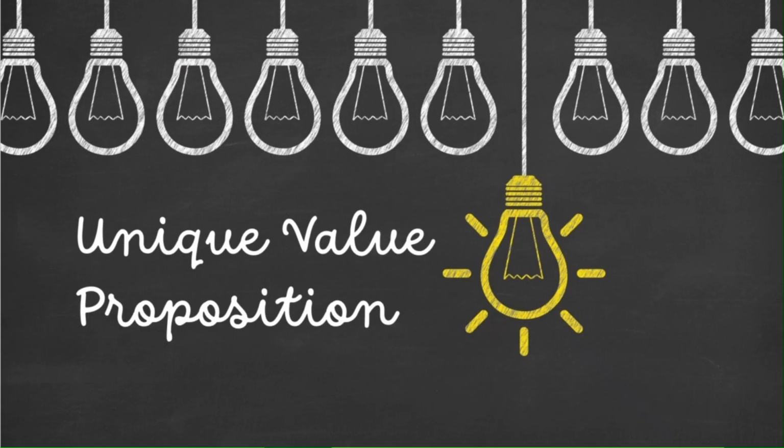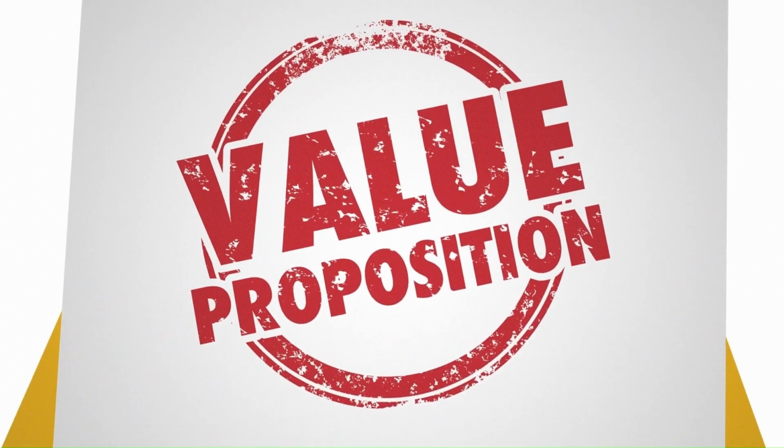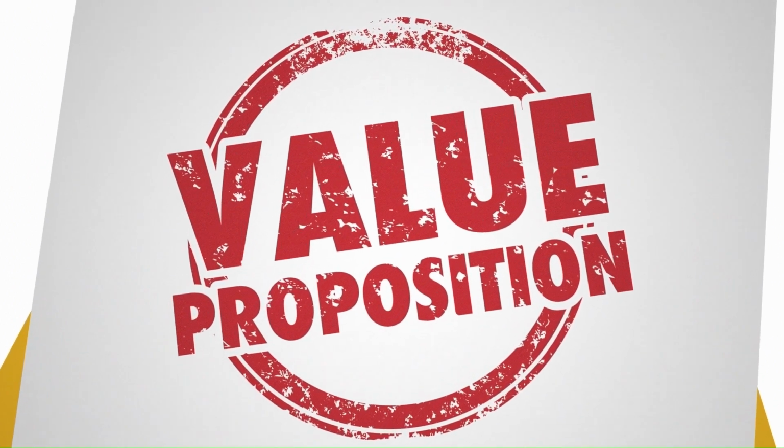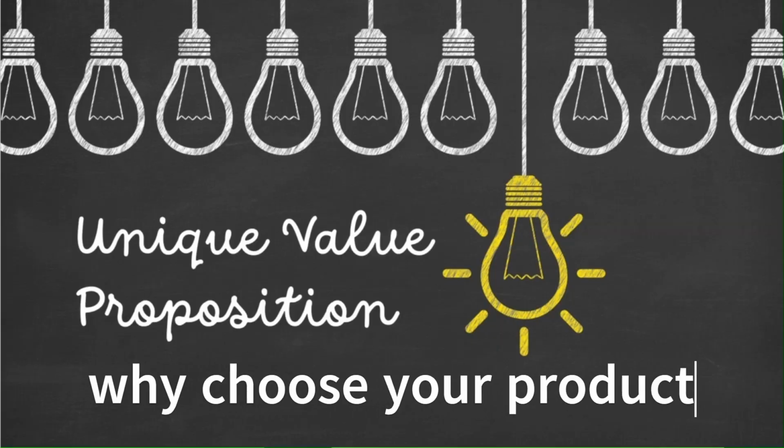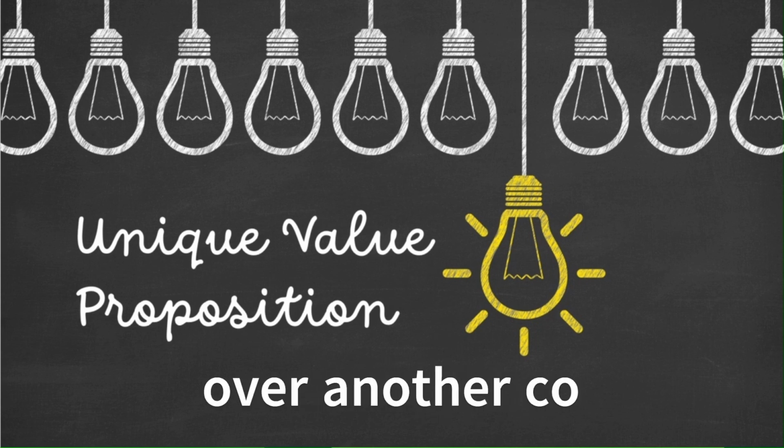I'm sure you remember what a unique value proposition is and may have created one for your company. It's a statement that highlights the unique benefits a company offers that differentiates it from its competitors. So that's the key part. It addresses the question of why choose your product or service over another company's.